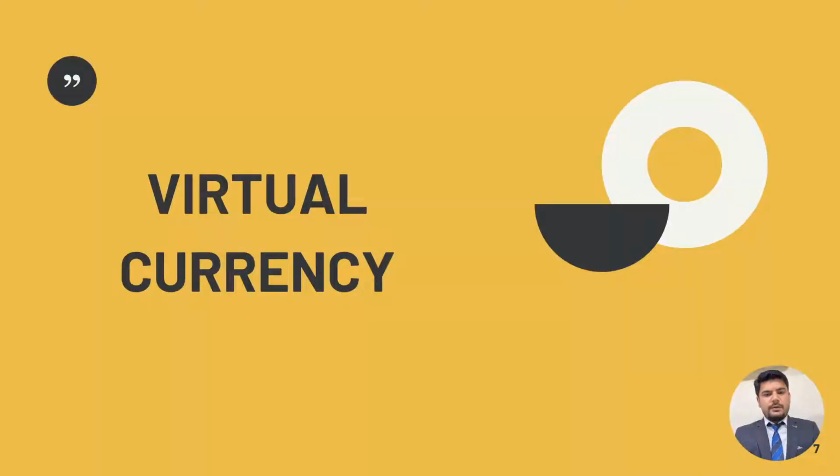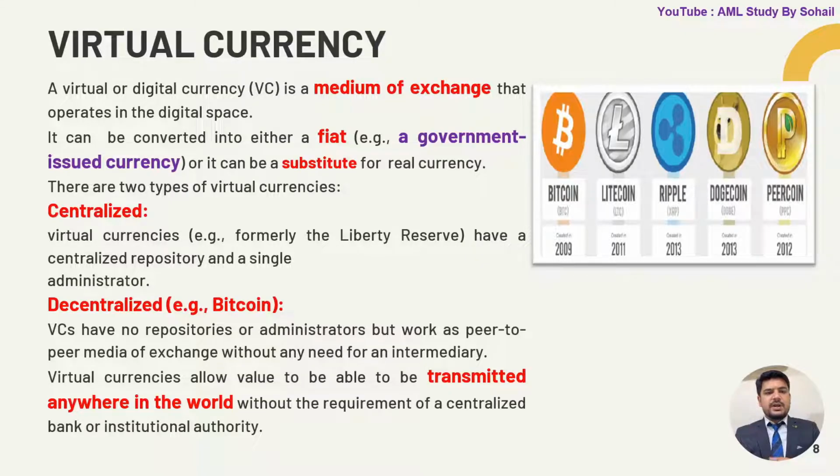Now, virtual currency, or digital currency. Virtual currency is a medium of exchange that operates in a digital space. It can be converted into either a fiat or government-issued currency, or it can be a substitute for real currency. There are two types of virtual currencies: centralized virtual currency and decentralized virtual currency.